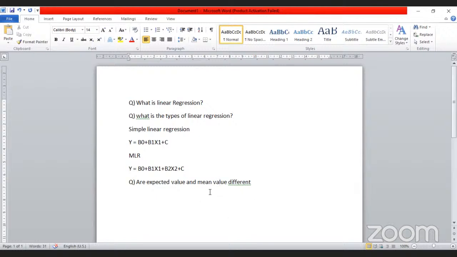From those 30 samples we calculate the mean for each sample, that is the mean value for each sample. Then we take the first sample mean, second sample mean, third sample mean, and calculate the mean of those mean values; that is the expected value. Okay, is it clear?